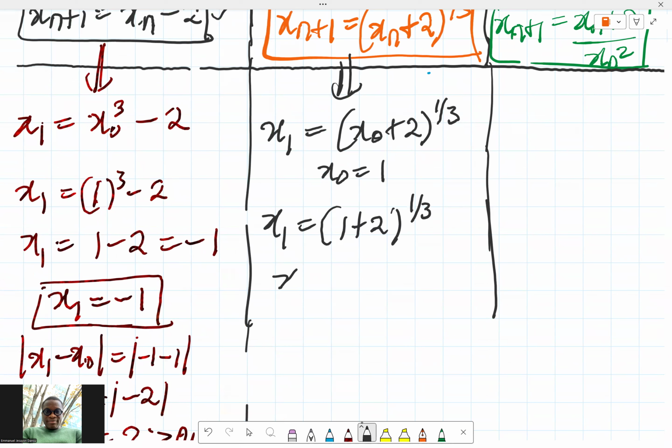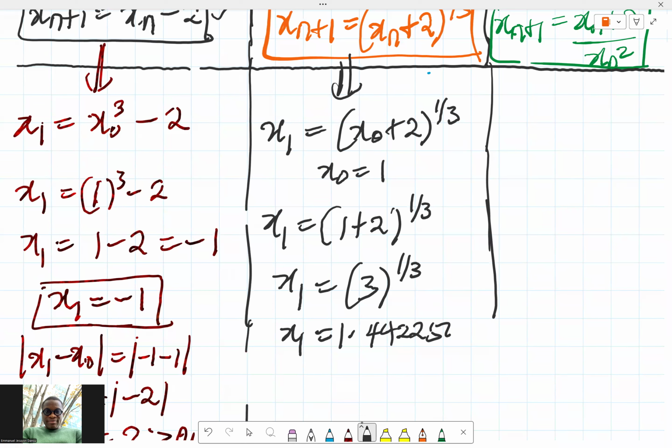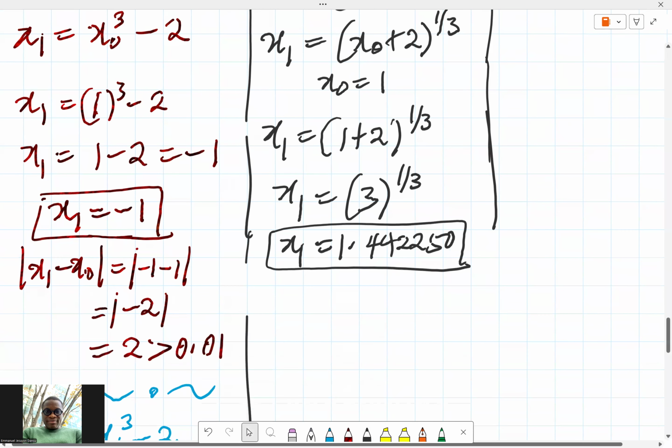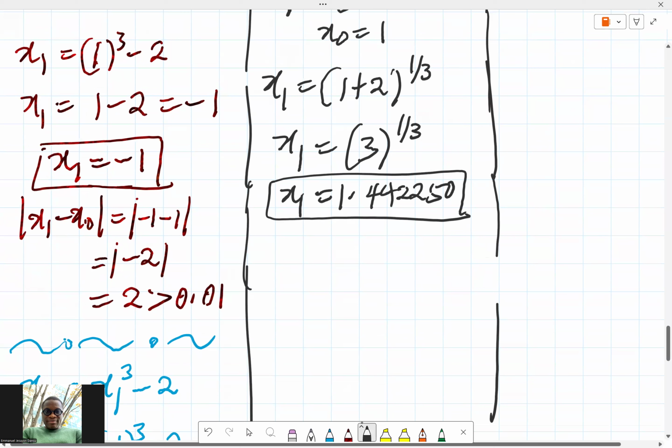So x1 is equal to cube root of 3, which is 1.442250. So that's x1. This is looking hopeful. This is looking like it's making sense.